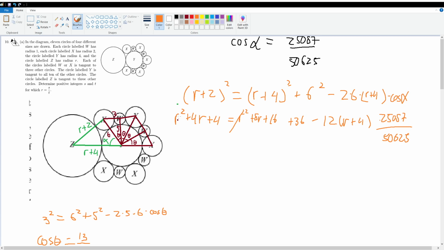And we can immediately cancel out r squared here, so in the end we're given 4r plus 4 would equal 8r plus 52, if I distribute the 12 here.